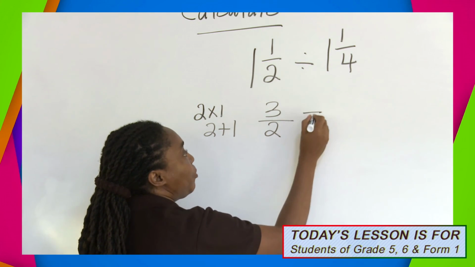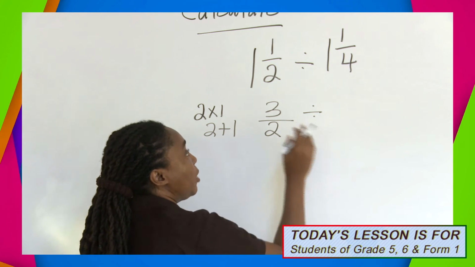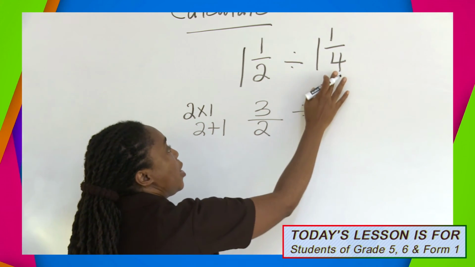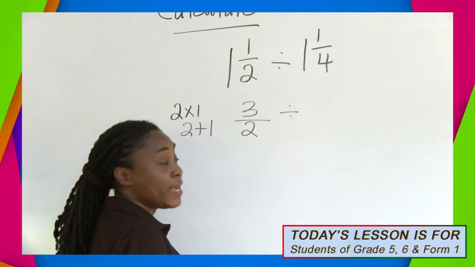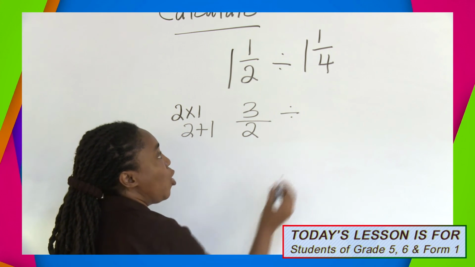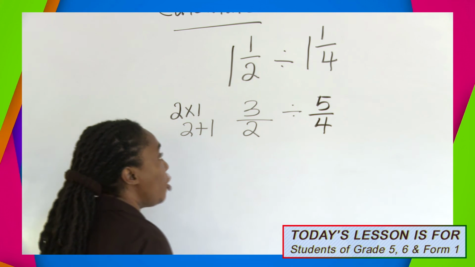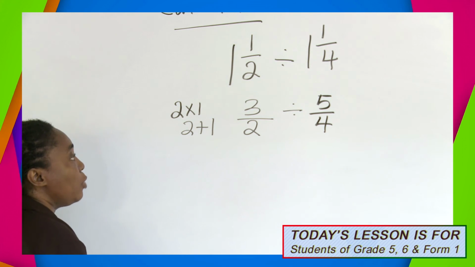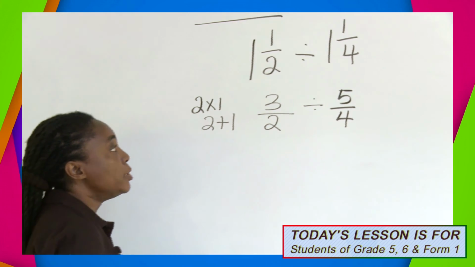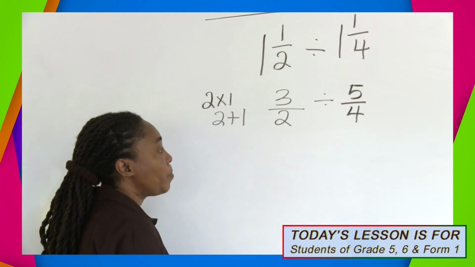In this instance, we'll keep our division sign for the time being because we're just changing. 4 multiplied by 1 is 4, and 4 plus 1 is 5. Again, we will keep our denominator. So we're now working with 3 over 2 divided by 5 over 4.